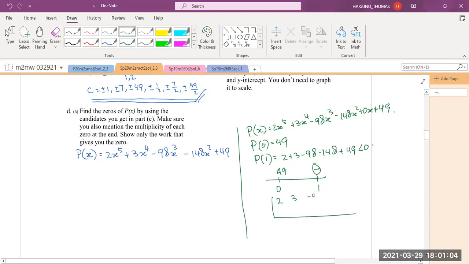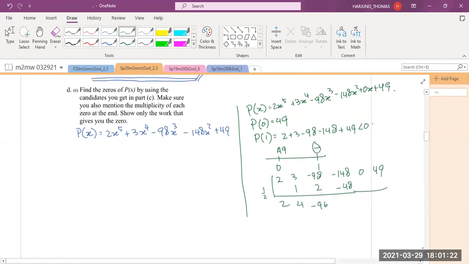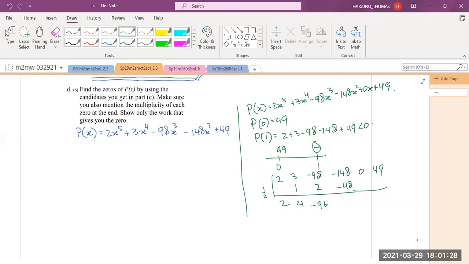2, 3, negative 98, negative 148, 0, 49. Let's try 1/2. This is negative 192 divided by 2, negative 98.